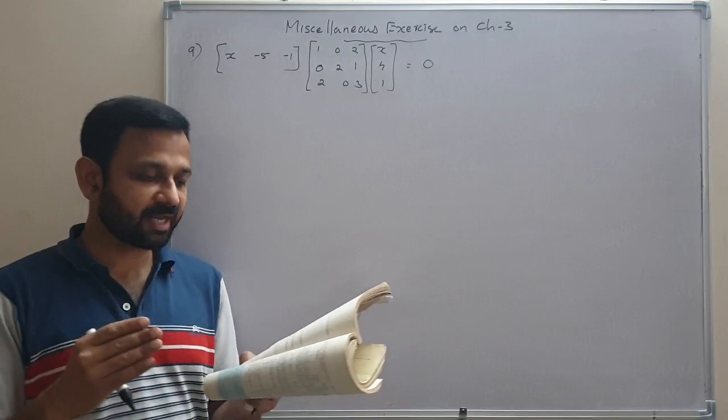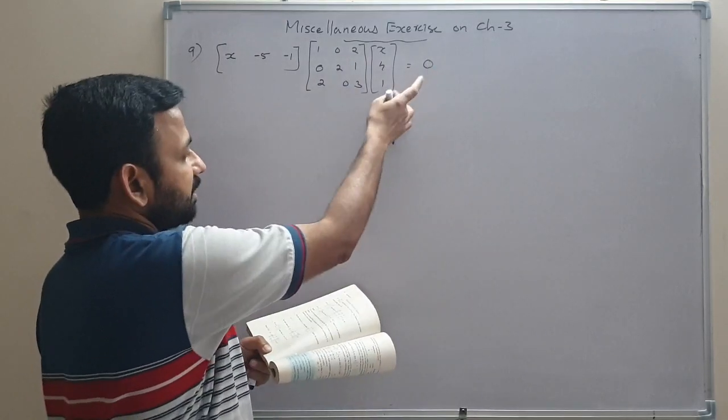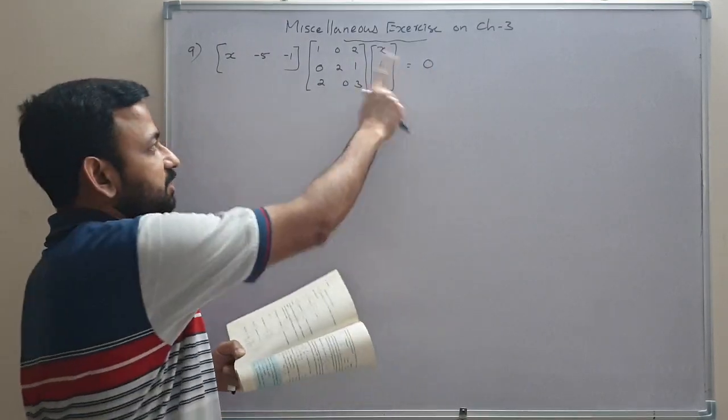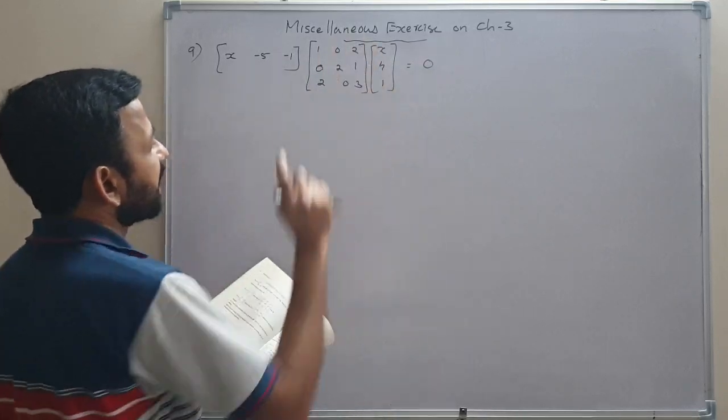The order of that matrix can be any order. Anyway, that is a 0 matrix. So we need to find the value of x.